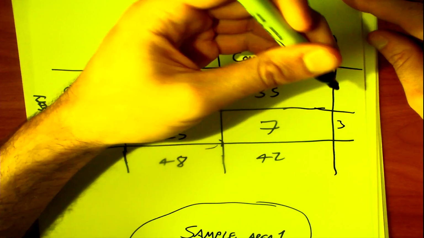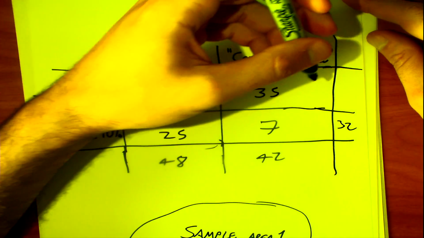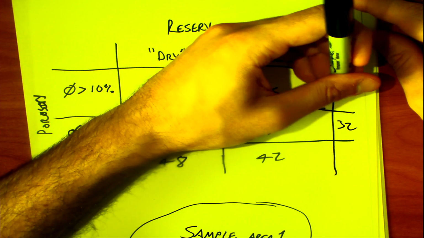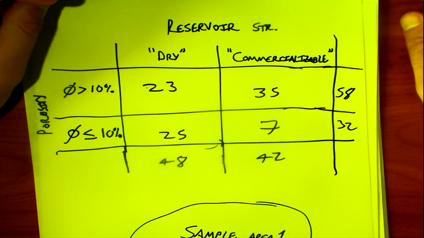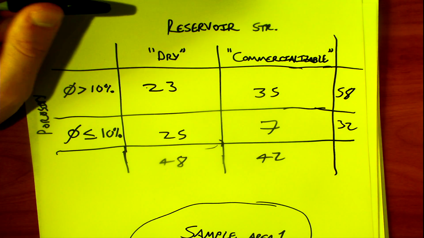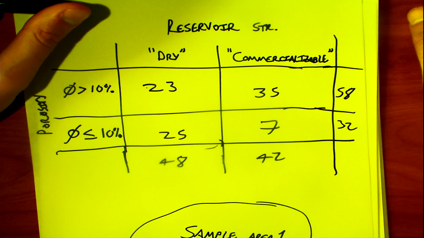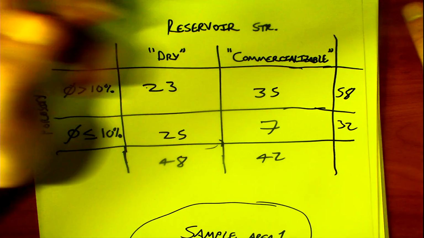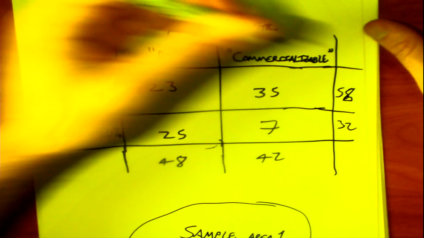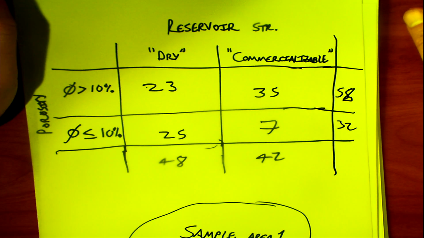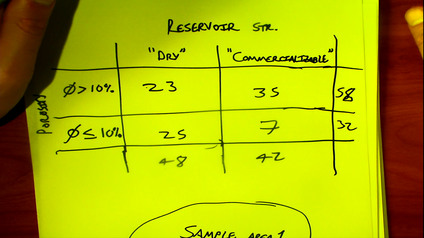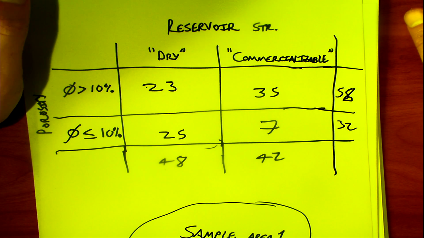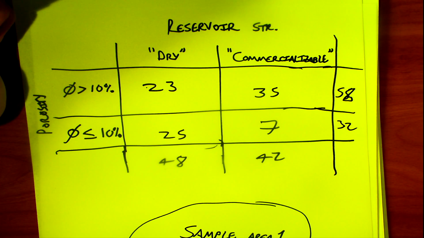There are 32 wells with low porosity. There are 58 data points, sorry, they're not wells, that have a higher porosity, right? That can give me some raw numbers, but it's not giving me a feel for what's going on.